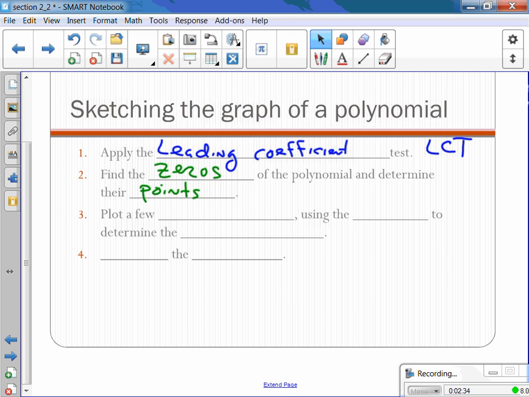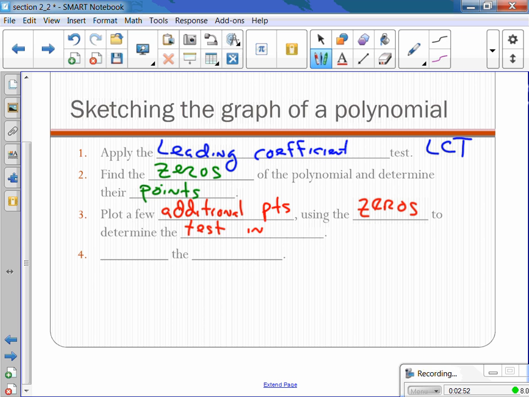And then we want to plot a few additional points, where we use the zeros to determine the test intervals. And I will explain all that in a second.